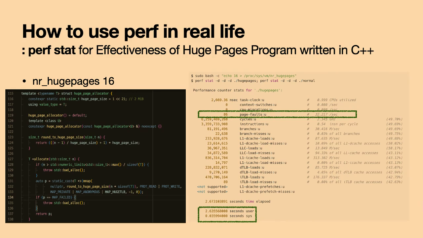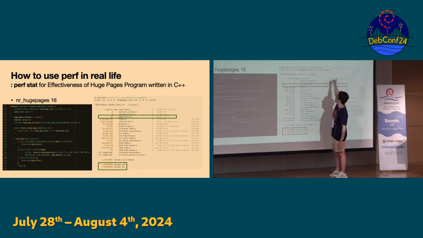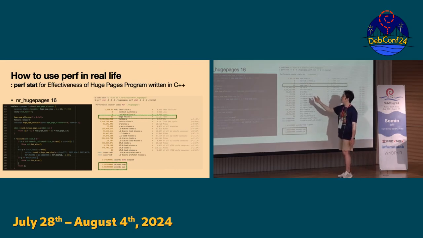And I'm using this huge page allocator in mmap with MAP_HUGETLB. So I set up 16 huge pages.